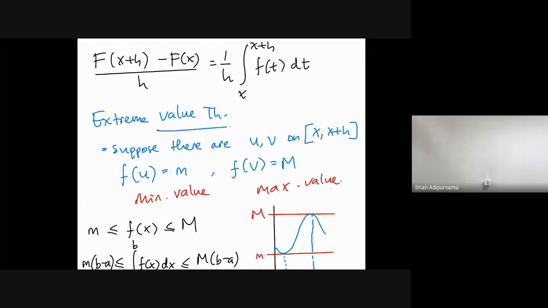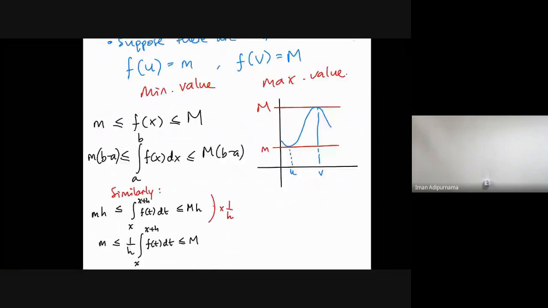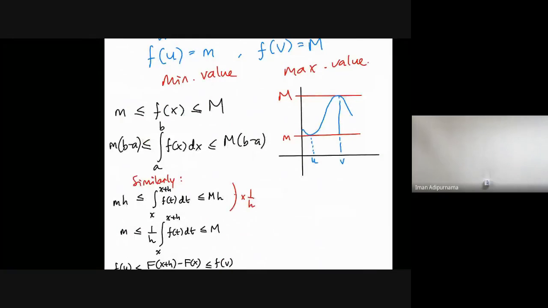So if we make other variables u and v on x and x plus h, and we have this maximum value and minimum value, we can use the comparison theorem from previous slides. Use this theorem and exchange the b minus a with h. So mh and the big Mh.